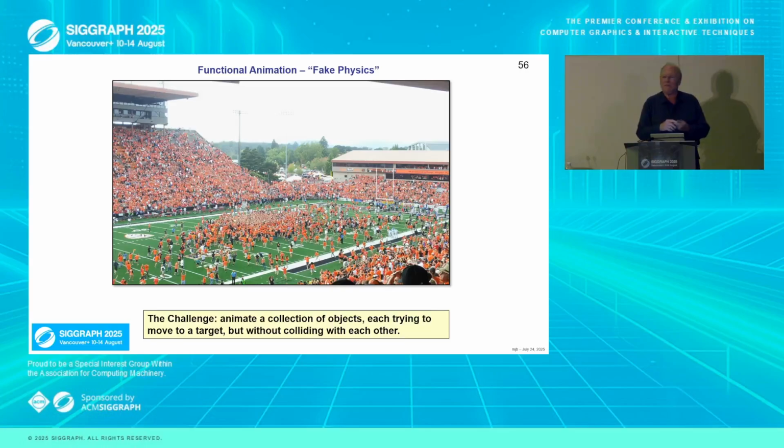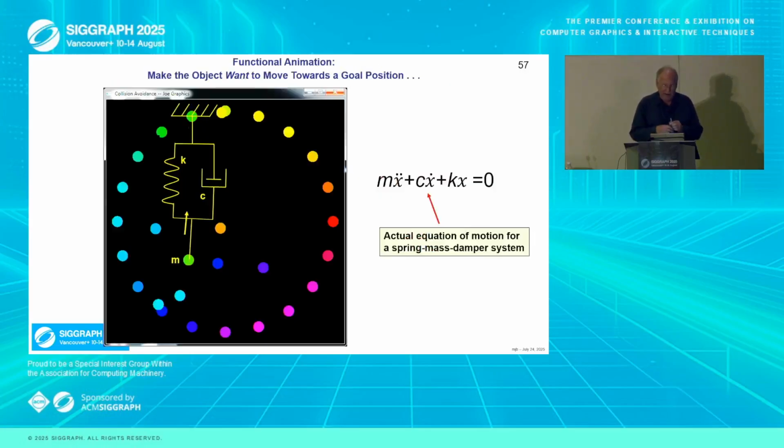Well, physics isn't exactly what you wanted. Keyframing isn't exactly what you wanted. And so people have developed interesting hybrid techniques to do this sort of thing. This is one I like. I've heard it called functional animation. To my students, I call it fake physics. They like that a lot more. But here's the idea.